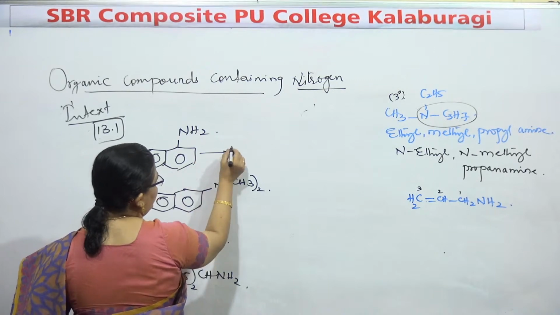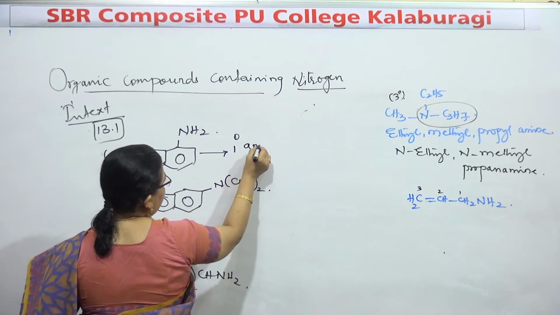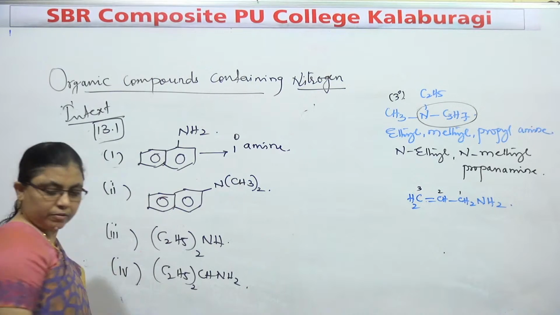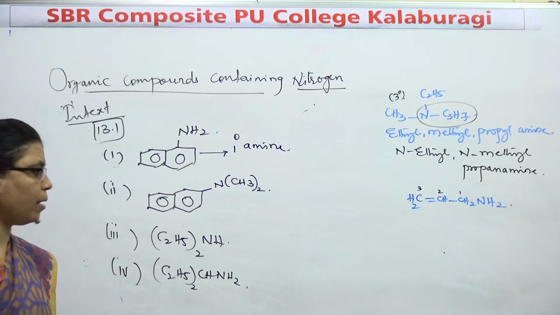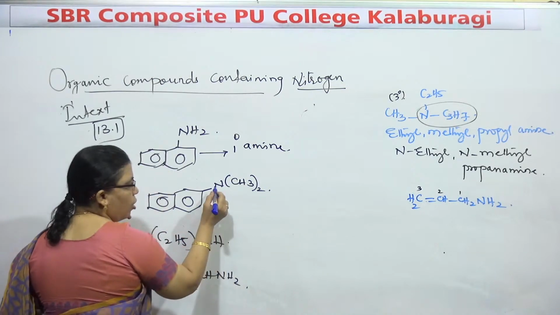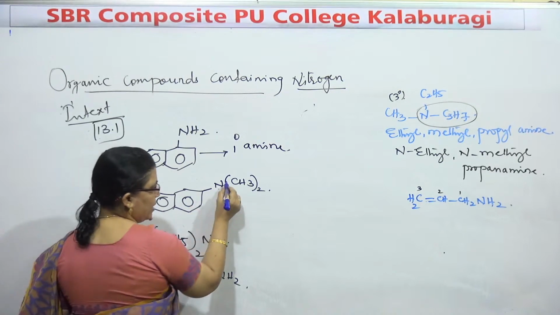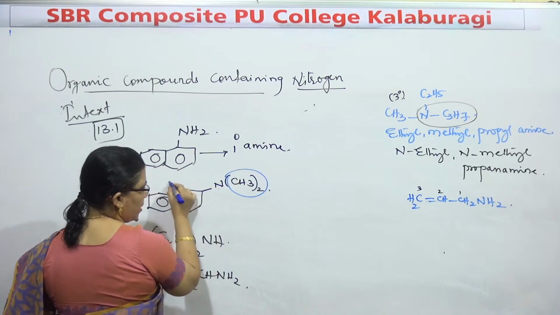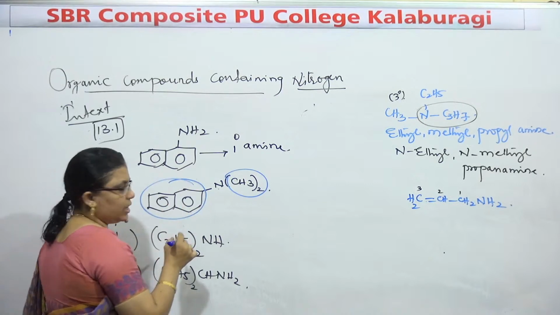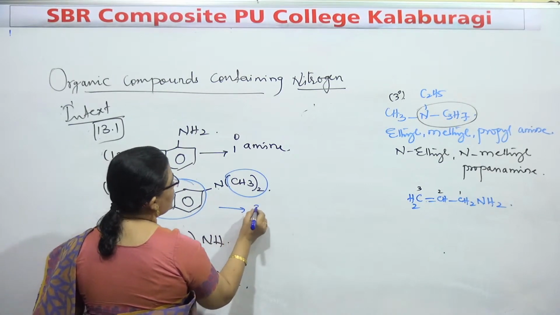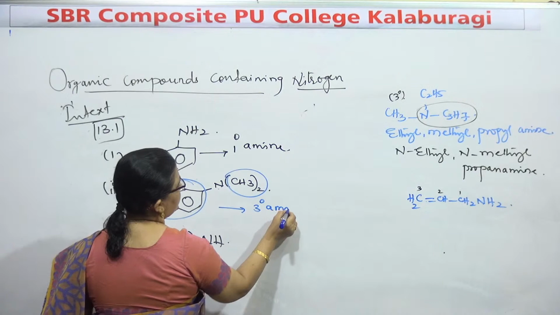This comes under primary amine. Here, all 3 hydrogen atoms are replaced: on one side we have 2 alkyl groups, on the other side the naphthalene chain. It comes under tertiary amines.